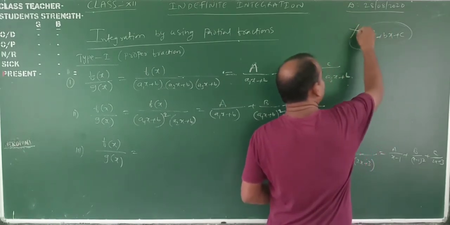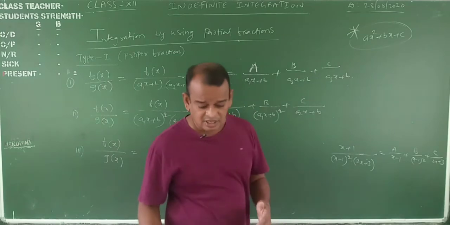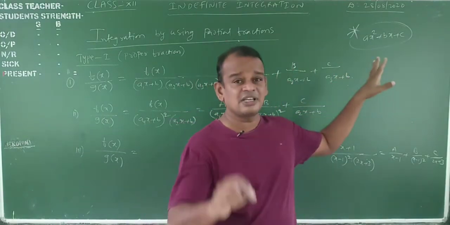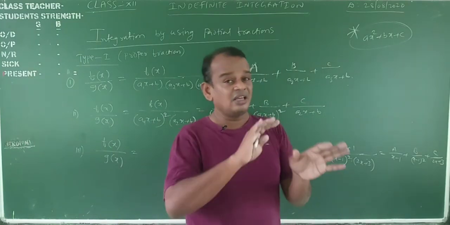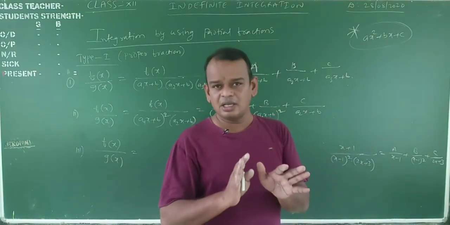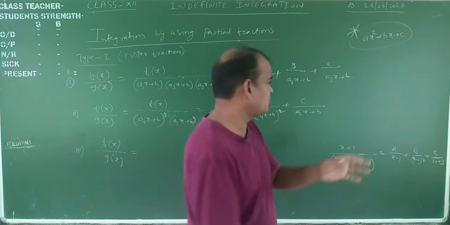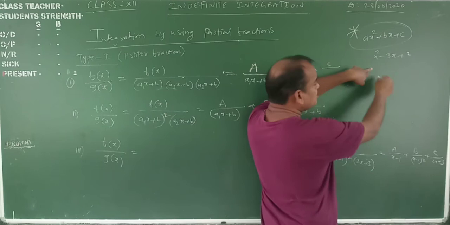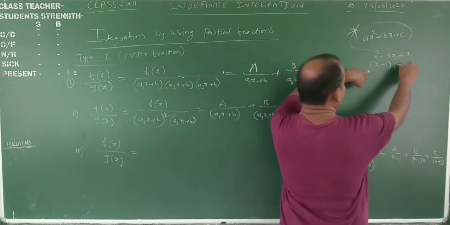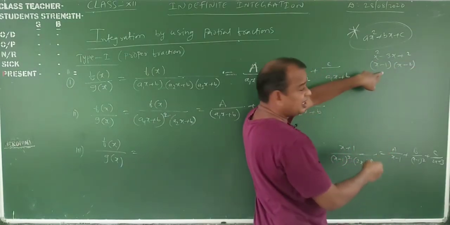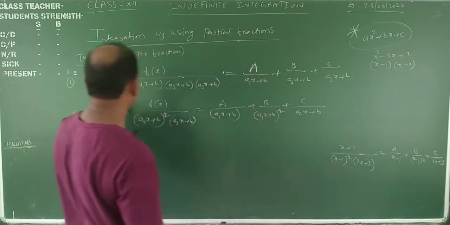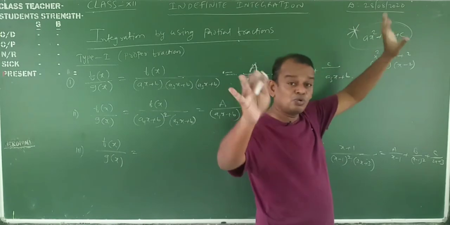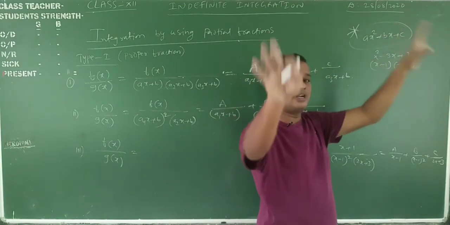We cannot factorize it; ax² + bx + c is irreducible, not reducible. Reducible means, for suppose, observe x² − 3x + 2. It has factors. What are the factors? (x − 1)(x − 2) are the factors. That's why, when ax² + bx + c has no factors, that is called an irreducible quadratic expression.